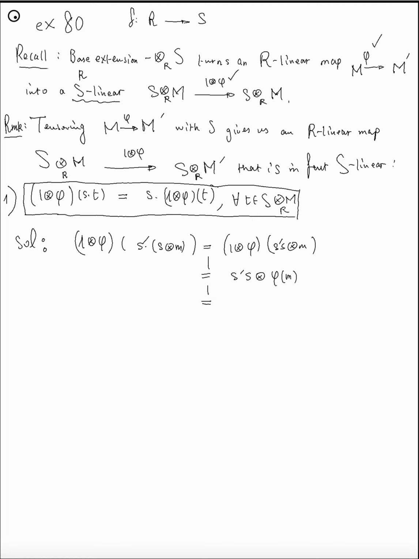What we want to check is whether this is the same as s prime times (1 tensor phi) applied to s tensor m, which is s prime times s tensor phi of m.